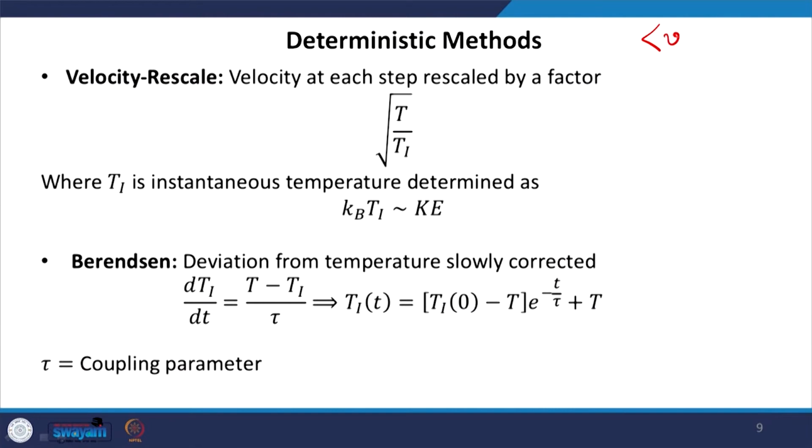So, next come the deterministic methods of temperature control. One of the, I would say, most intuitive methods is to rescale the velocity at every step by some kind of a factor, and the idea is the following. Let us say I start the simulation with the Maxwell-Boltzmann distribution and we ensure that v squared is proportional to temperature.